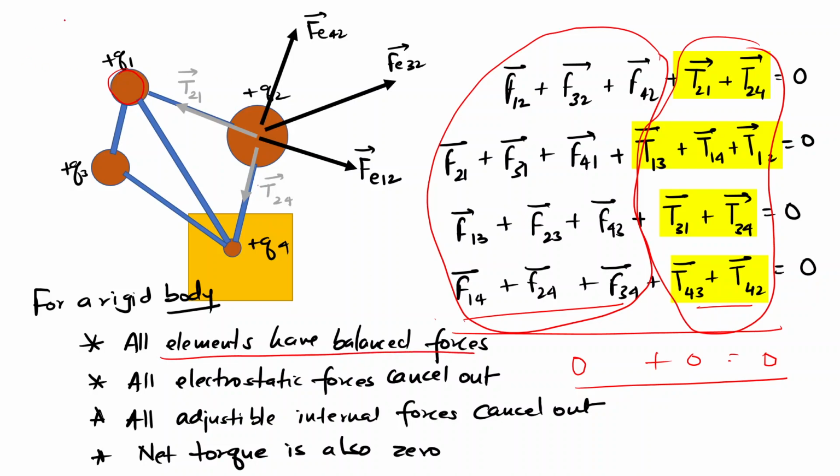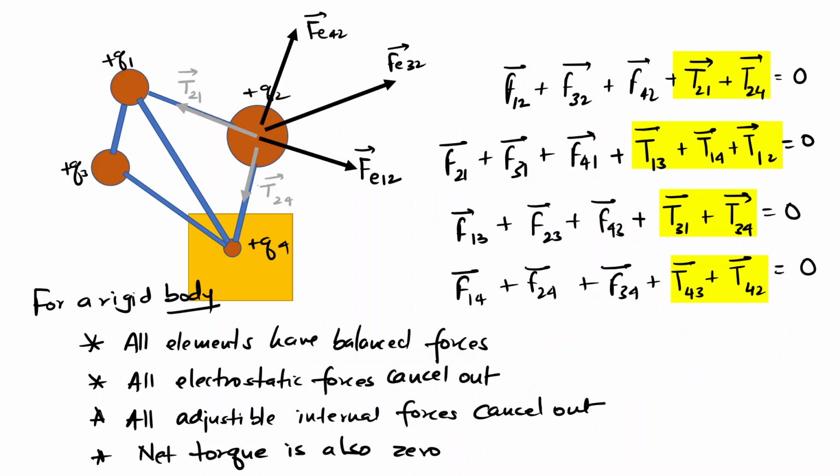If there is no external field, they are repelling among themselves. This element is having balanced forces, this element is also having balanced forces. All electrostatic forces cancel out, all adjustable forces cancel out. Net torque is also going to be 0. You can take any point and calculate torque from there. That is also going to be 0. So the rigid body will not start to move and rotate because of its own charges.